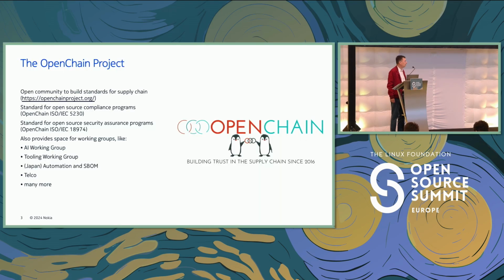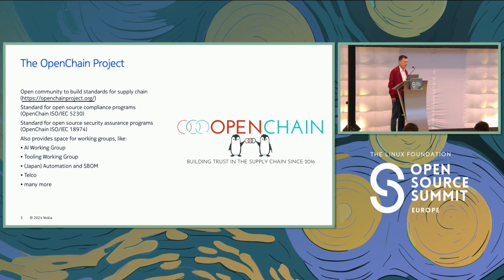So, for those who don't know, OpenChain is a project that was started in the Linux Foundation, and it has resulted in two standards that are now ISO standards. The first one is a standard for programs for open source compliance, and the second one for security assurance programs.